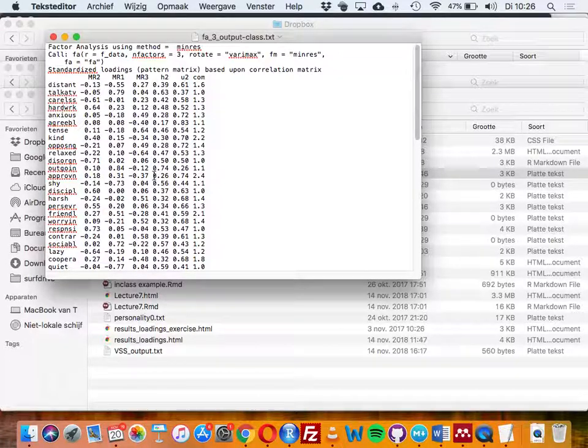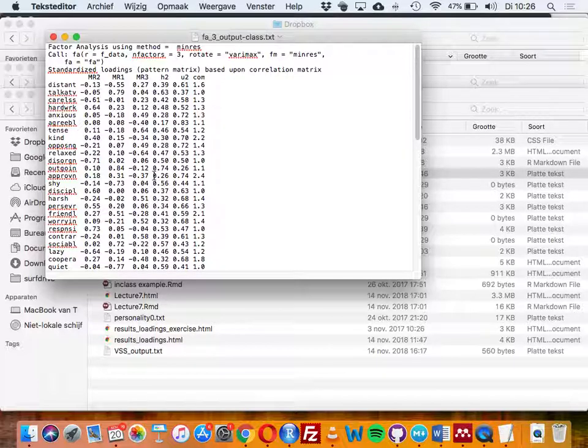The second one we could name something like extroversion, introversion, because it loads on talkative. Also loads on being outgoing and being sociable, for example, and also negative on being quiet. And the third one we could probably rate on something as neuroticism, because it loads on things like being tense.